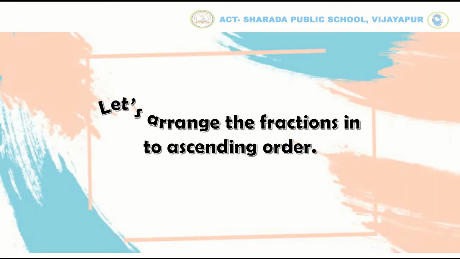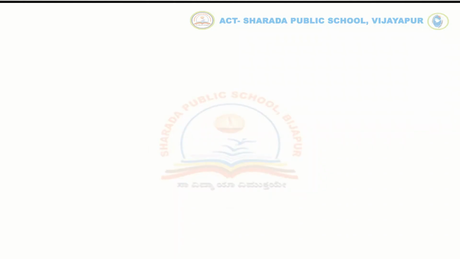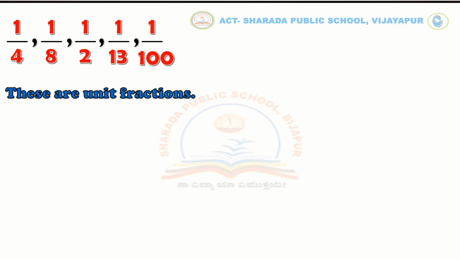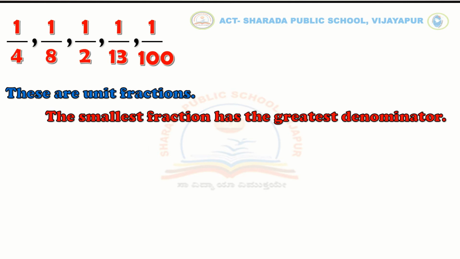Come on kids, let's arrange the fractions into ascending order. Here the fractions are 1 by 4, 1 by 8, 1 by 2, 1 by 13 and 1 by 100. So these fractions are unit fractions. Here the smallest fraction has the greatest denominator.